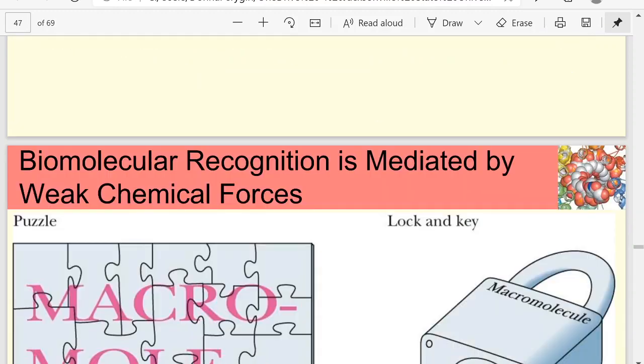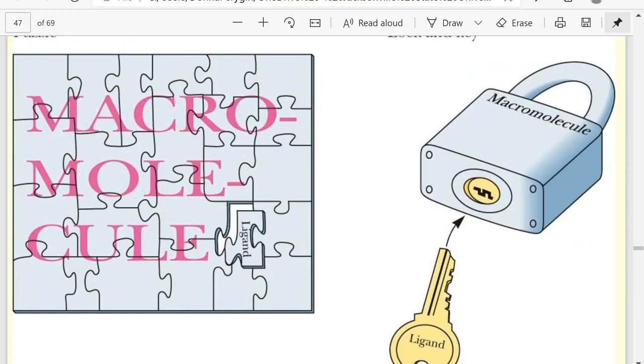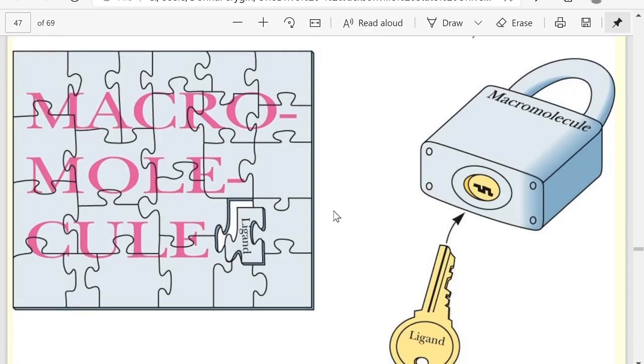Okay, and so this complementarity is what guides many biological processes, like a lock and key. Biological systems are complementary to other biological systems so that they can fit together.